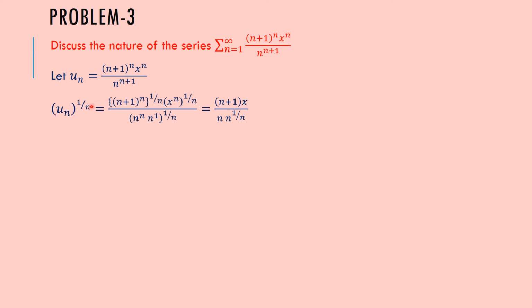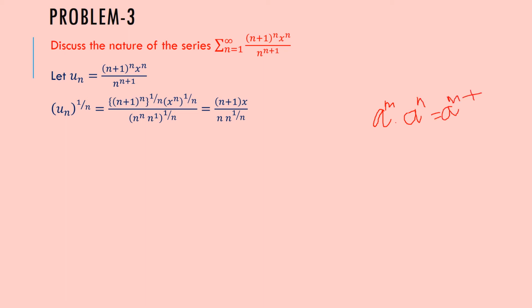Let me split it. First expression n plus 1 whole power n power 1 by n into x power n power 1 by n, divided by n power n plus 1, which is written n power n into n power 1, because we know that a power property: a power m into a power n can be written as a power m plus n.